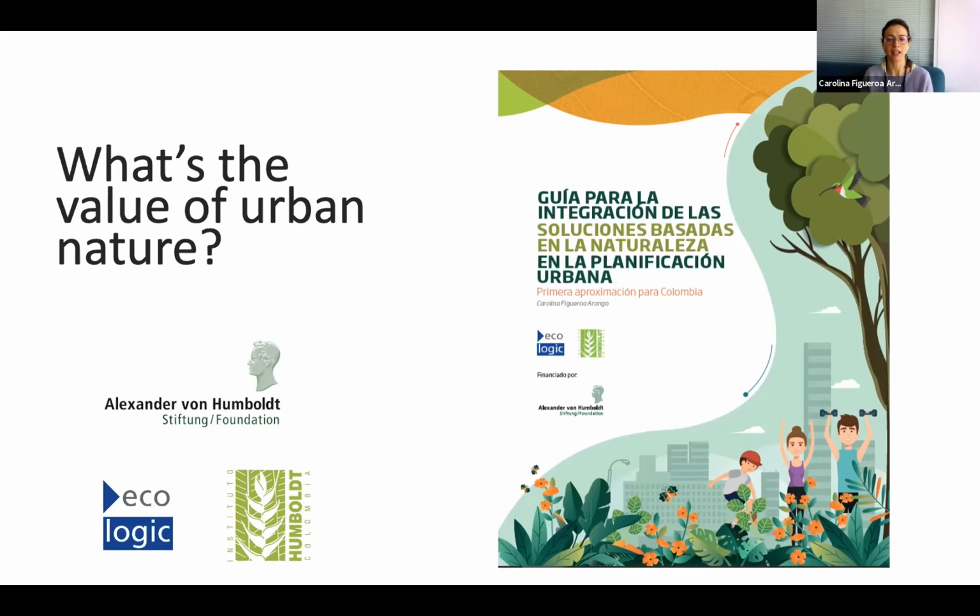And this guide, which is only in Spanish, is a guide to include nature-based solutions in cities, with a big focus on Colombian cities or South American cities. And it proposes as well to use PA-BAT to understand what are the values that are important for urban dwellers related to nature and the benefits they are receiving from nature.